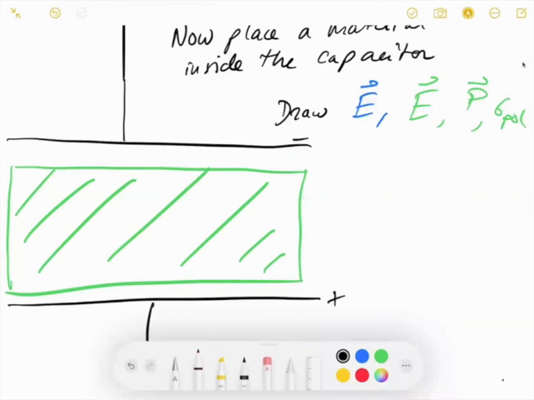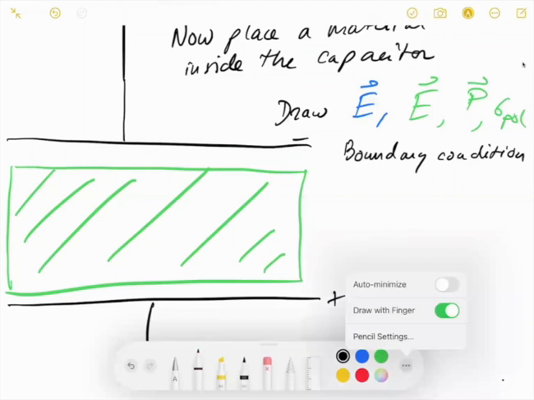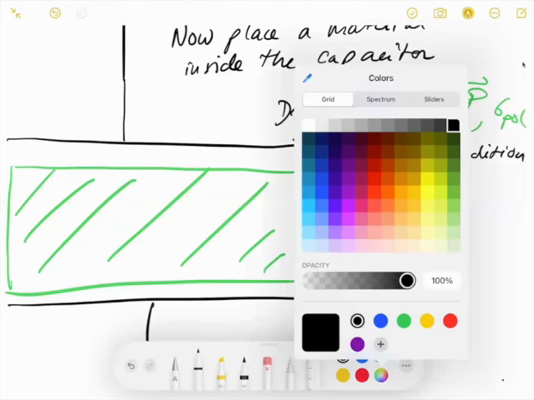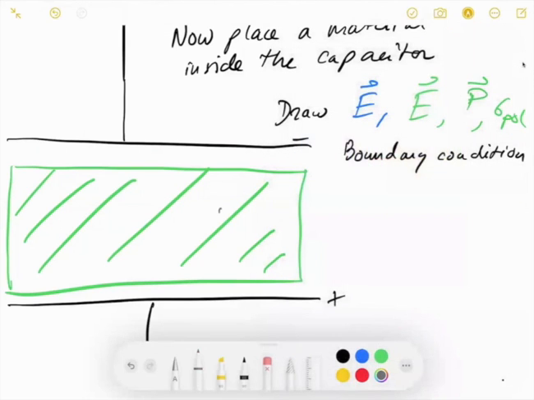So if we take a Gaussian surface, where we are, we do the Gaussian surface here, and we have an electric field originally. That's the blue field, that is like this.